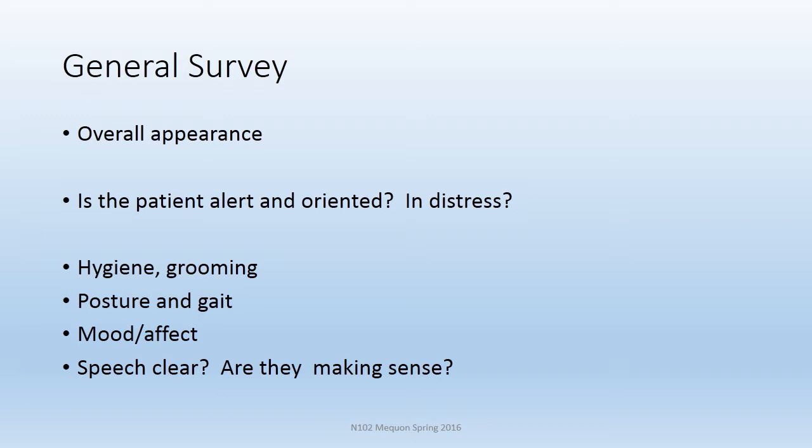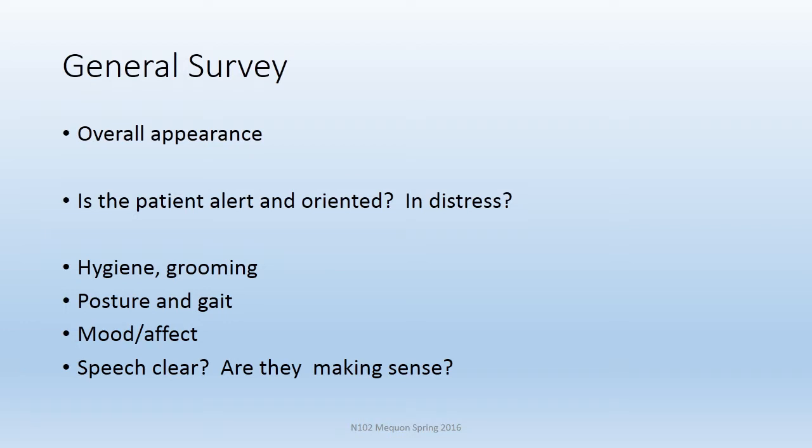So from the very moment that you introduce yourself to your patient and explain what you're about to do, you can begin performing your general survey. Through your conversation with your patient, you can immediately discern whether your patient is alert and oriented.